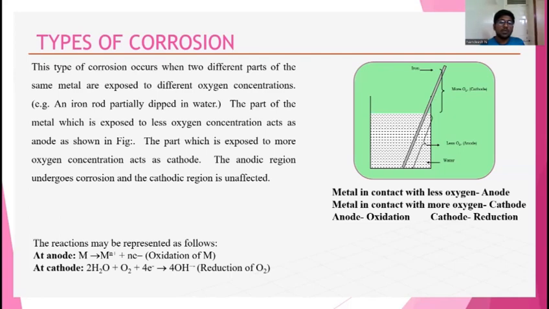The anode region undergoes corrosion and the cathodic region is unaffected. The reaction may be represented at the anode: oxidation of the metal takes place to give a metal ion and electron. At the cathode, water and oxygen react to give rise to hydroxide.